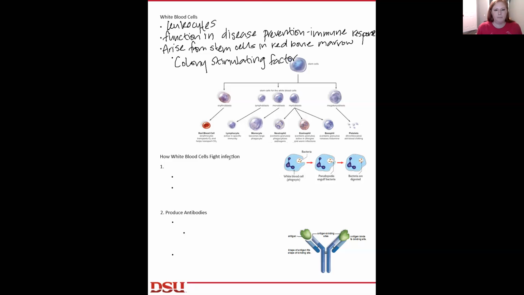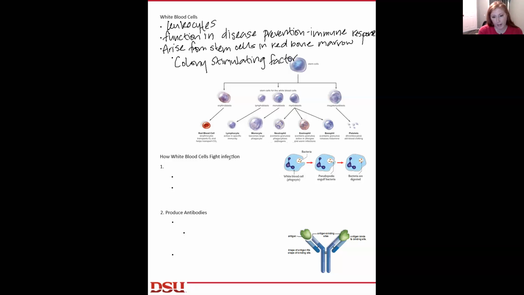Okay, I'm going to stop for a second. What I want you to look at, guys, is this little diagram here. You can see the stem cells, which we would say are in the red bone marrow. And notice that these stem cells give rise to 4 different types of intermediate stage cells. Way over on the left of the screen, you've got your erythroblasts, which are going to become the erythrocytes, or the red blood cells.